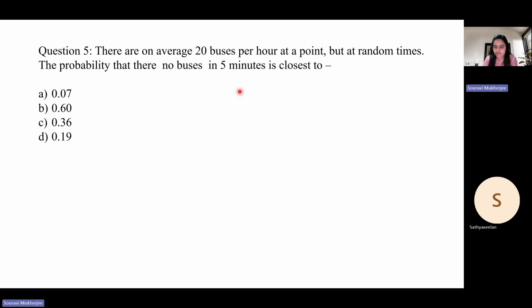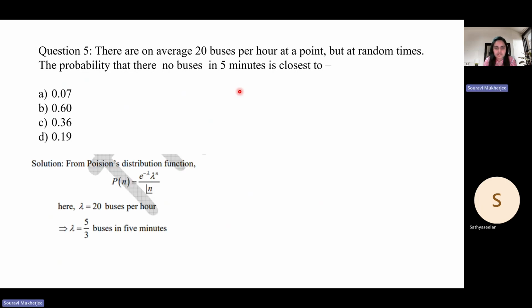Okay, let me just share the answer and discuss. So for Poisson's distribution, this is how the distribution looks for n events, where lambda tells about the probability of the occurrence of the event, and n is the number of events that you're talking about.